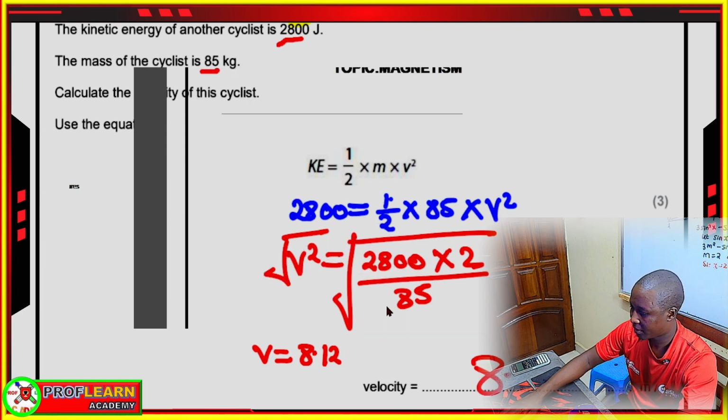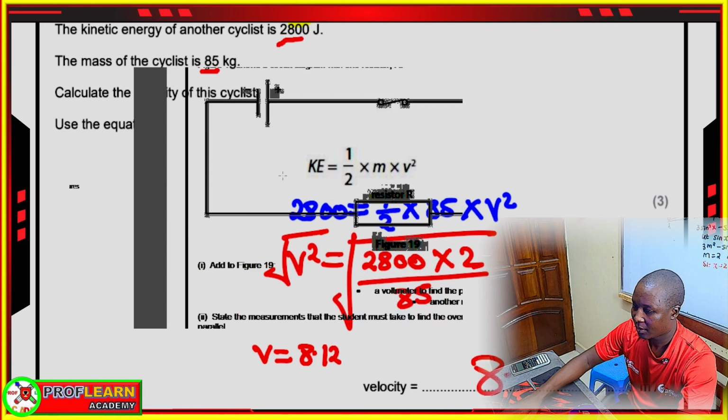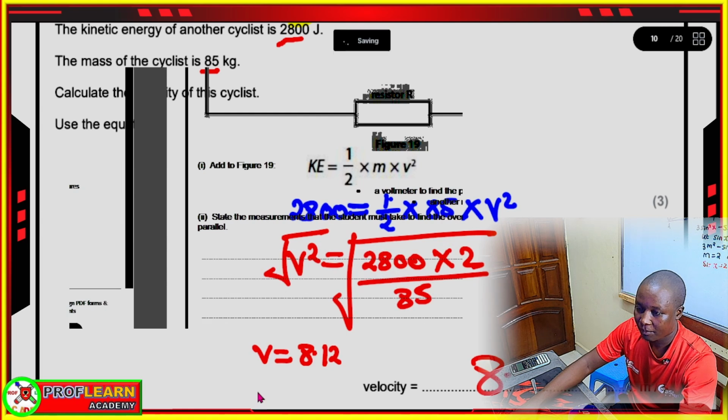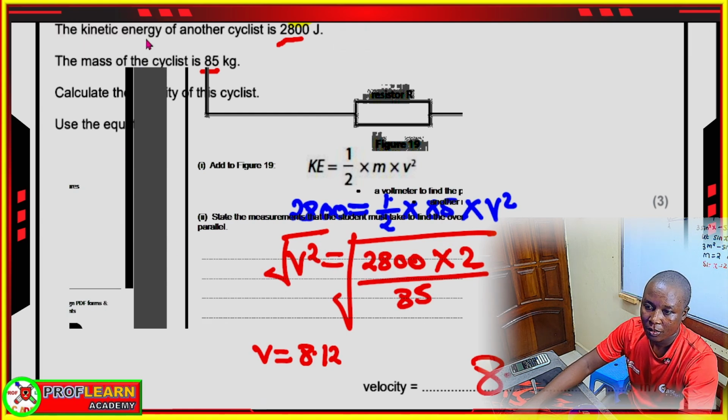Oh, I think there we are. And I've realized I've not included the handwritten. Let me include the handwritten magnetism mark scheme question, so that we can end there.